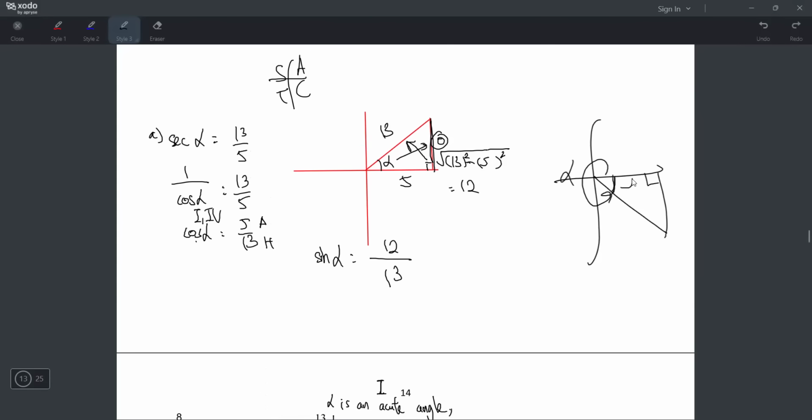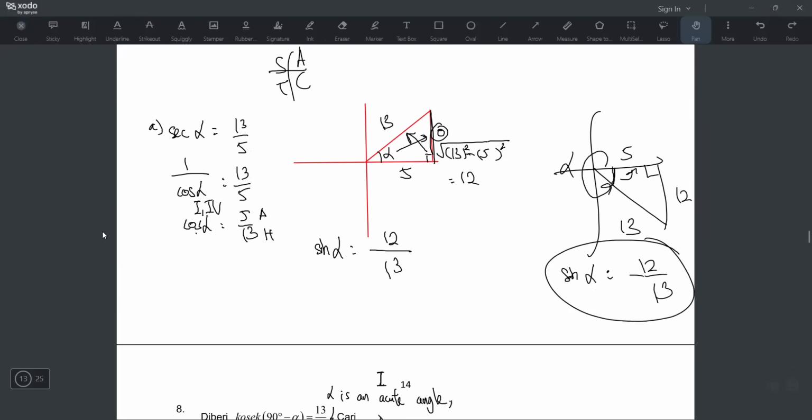So it's okay, you can still label the 5 over 13. Okay, 5 is the adjacent, so here, 13 here, 12 here. And then your sine alpha will also be 12 over 13, but I have to put negative, because your alpha is in the fourth quadrant. So why is there a negative? Because in the fourth quadrant only cos is positive, and you're finding sine. That's why I put negative.